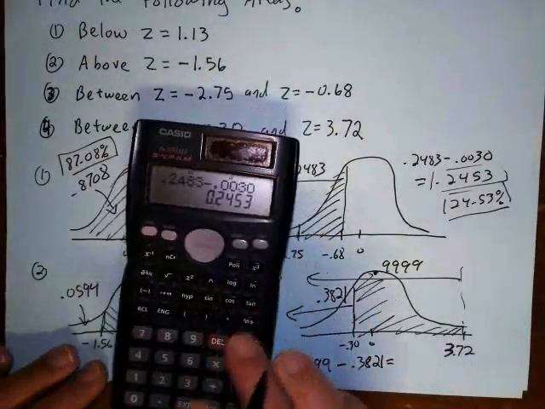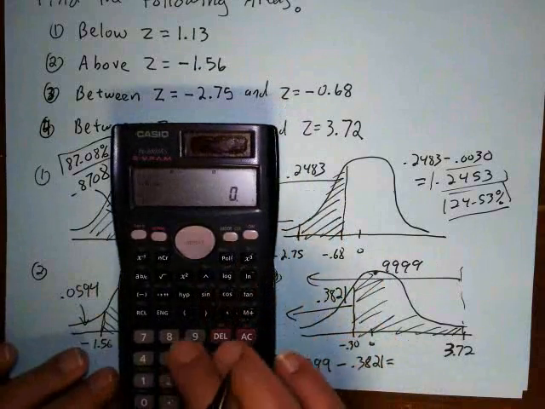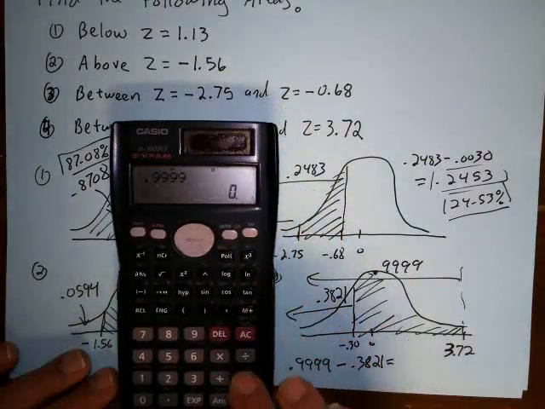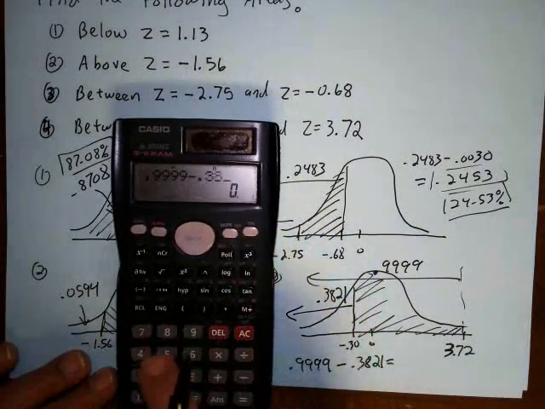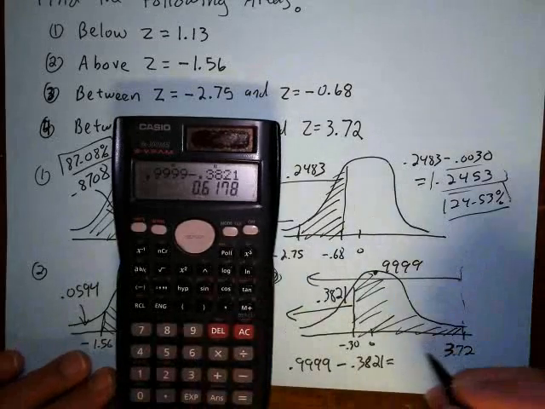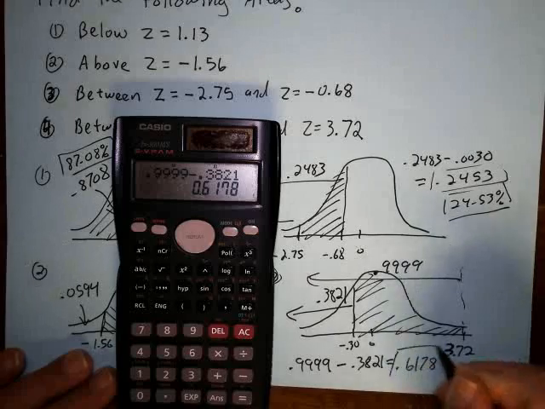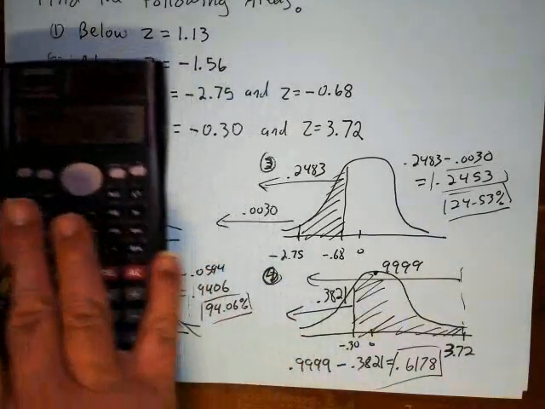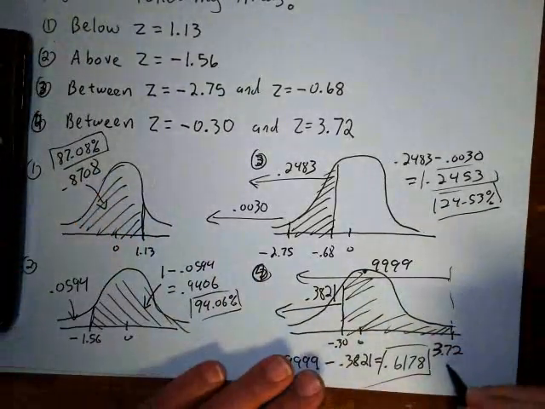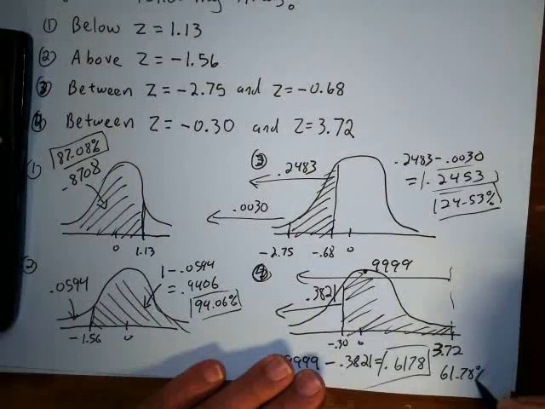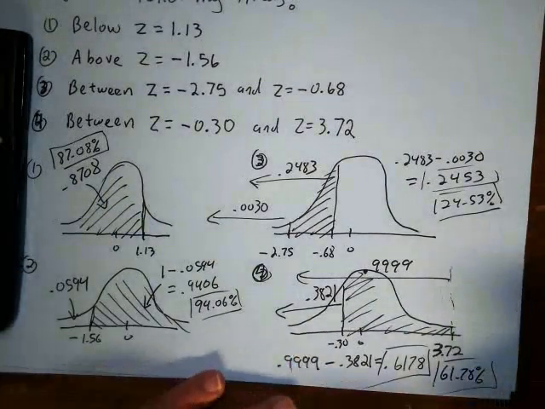And that's how you get the area between them. So 0.9999 minus 0.3821, and you get 0.6178. And so that's like 61.78% of the area. Okay?